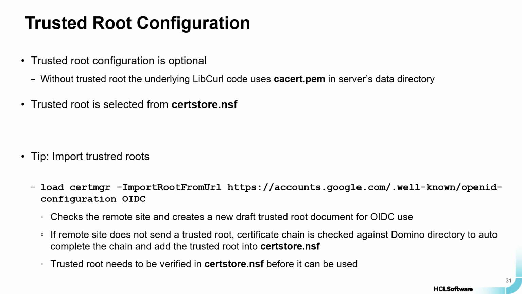And there's a new interesting command that you can use built into CertMgr, and it's actually used for one other use case where we have the ICAP configuration. You start load CertMgr, import roots from URL, you specify the URL, and you give it a category, and it will put that trusted root into your cert store in pending approval state, which is pretty convenient if you don't want to do that manually.